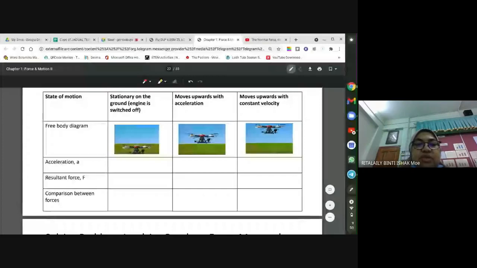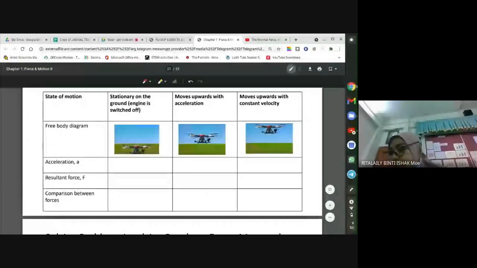Then the second diagram, moving upward with acceleration, and the third, moving upward with constant velocity. Please refer to the diagram, and when I call your name, please state the acceleration, the resultant force, and the comparison between the forces.